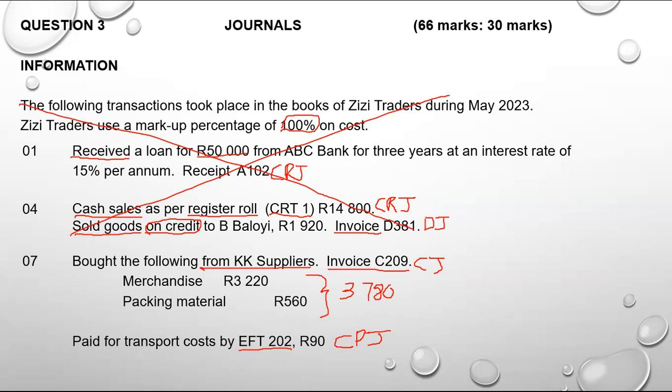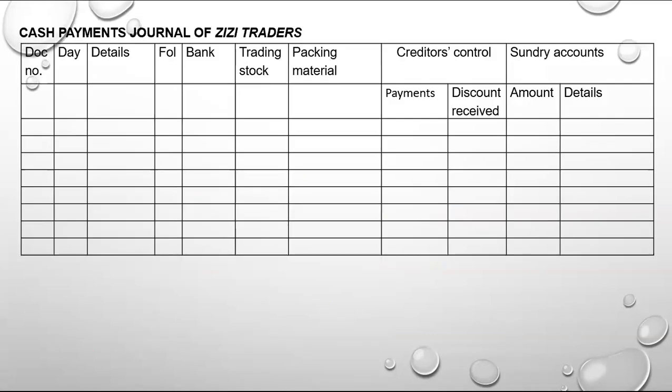All right, you could have written in the CPJ, you can actually write EFT or BS. It's totally up to you. And I decided to write bank statement, but you could have written EFT number there. The day was the 7th, and we paid this to KK suppliers. Okay. And the bank will have 90, but we can't include this under trading stock.